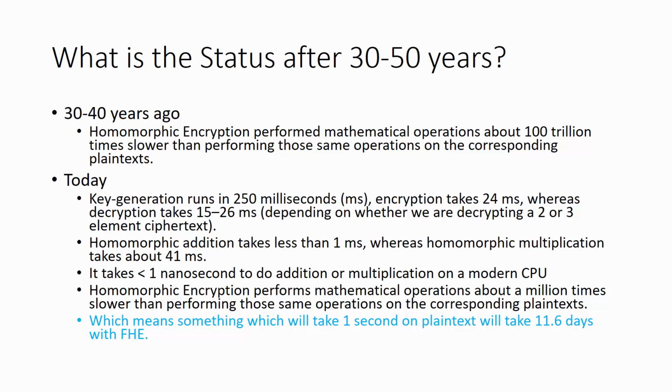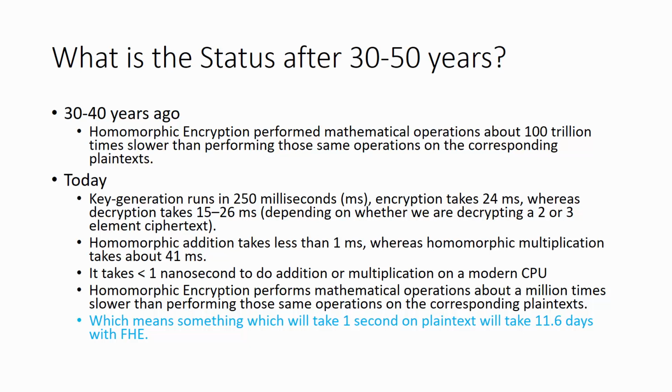Encryption takes 24 milliseconds, whereas decryption takes 15 to 26 milliseconds, depending on whether we are decrypting two or three values. Homomorphic addition, which is the underlying operation of homomorphic encryption schemes, takes less than 1 millisecond, whereas homomorphic multiplication takes about 41 milliseconds.